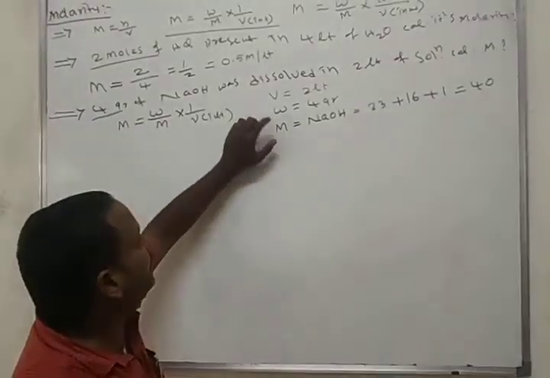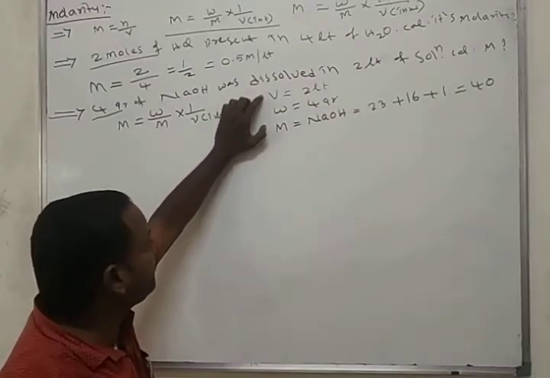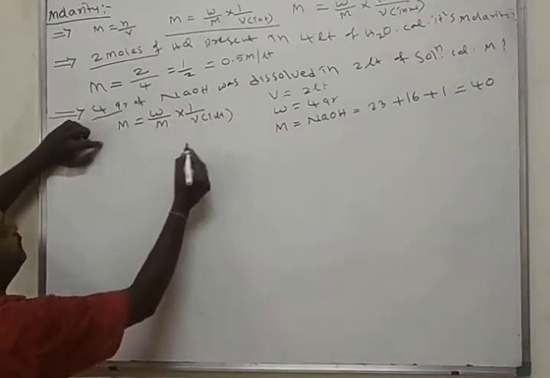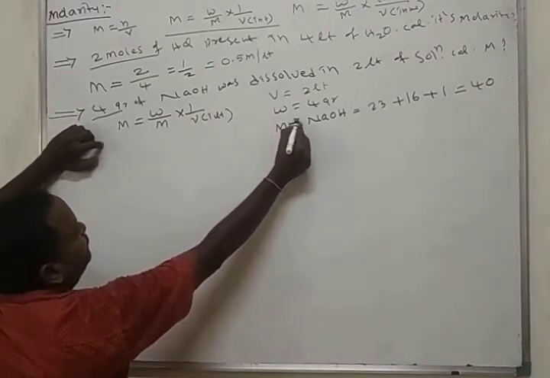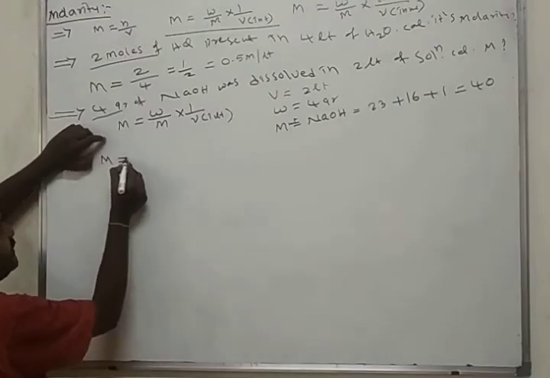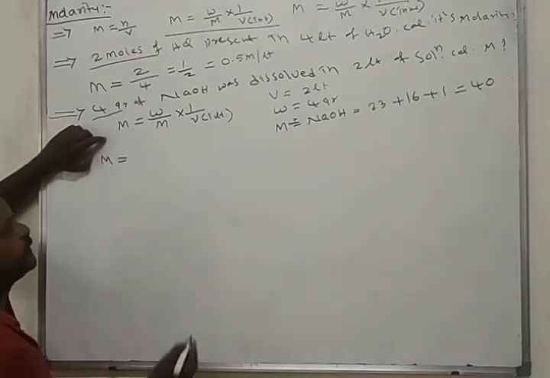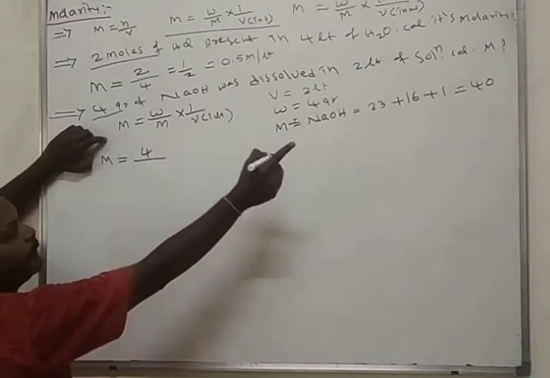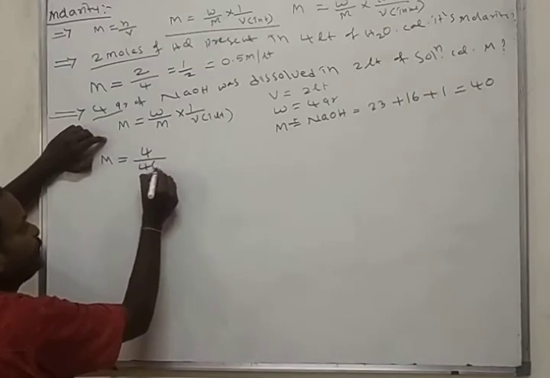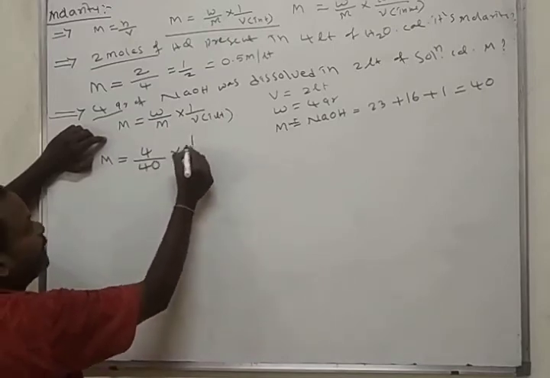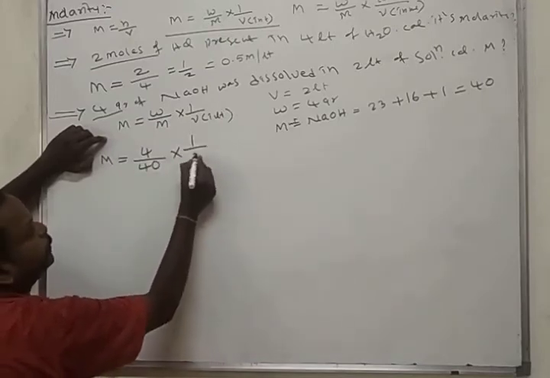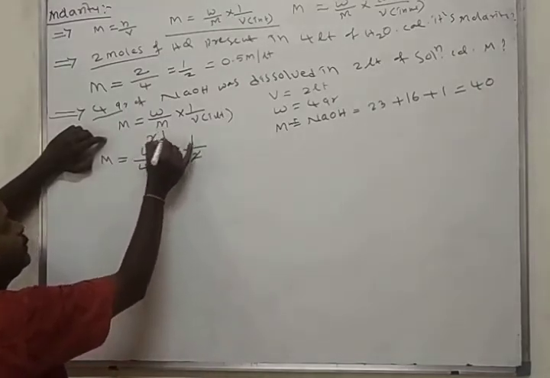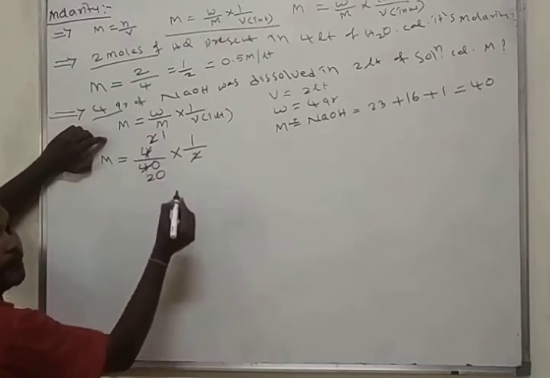Here we got the data. We have the V, we have the W, we have the M, where M means molecular weight. Molarity is equal to W, which is 4 grams, by 40, 4 by 40 into 1 by 2 liters. 2 ones are 2, 2 twos are 4, 20.